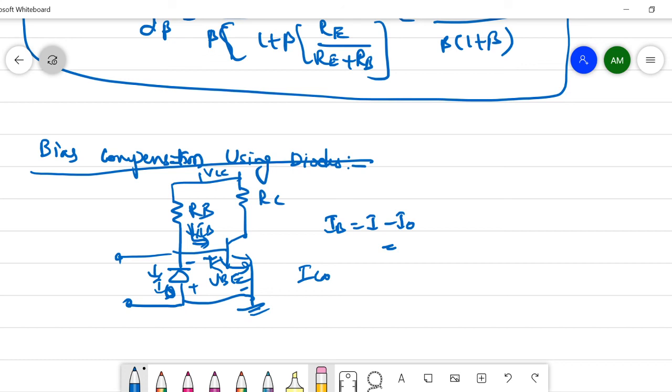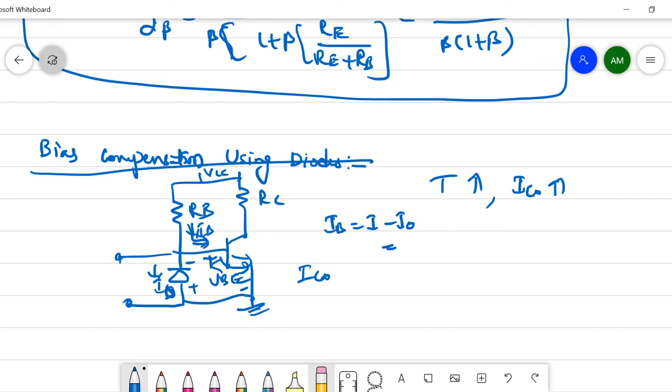As the temperature increases, ICO of the transistor increases. To compensate for this, the base current IB should be decreased.